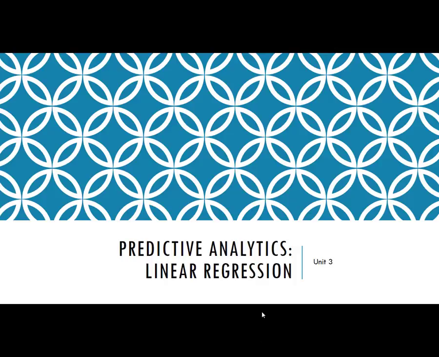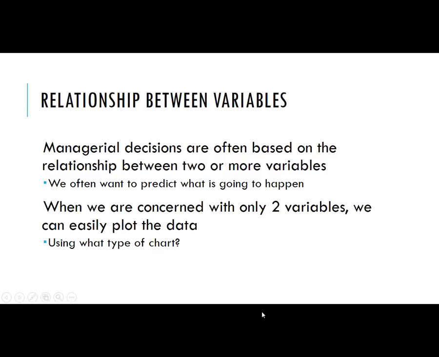So let's get into what we're trying to do. We have relationships between variables. In Units 1 and 2, we spent a lot of time looking at individual variables, so a single column in a data set. This time, we are more interested in looking at relationships or associations between two different columns of the spreadsheet or data set.